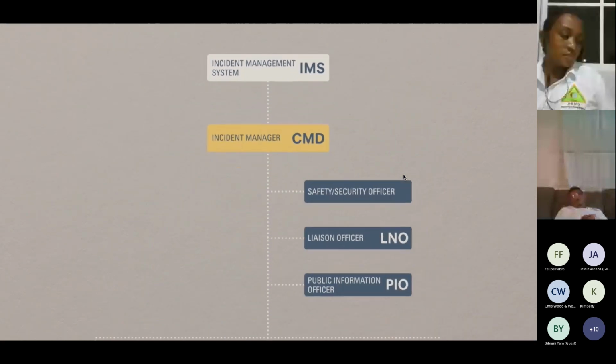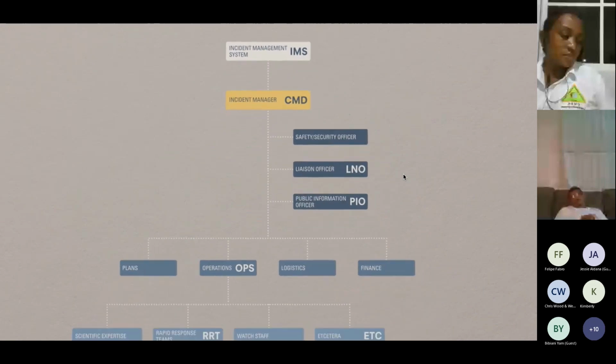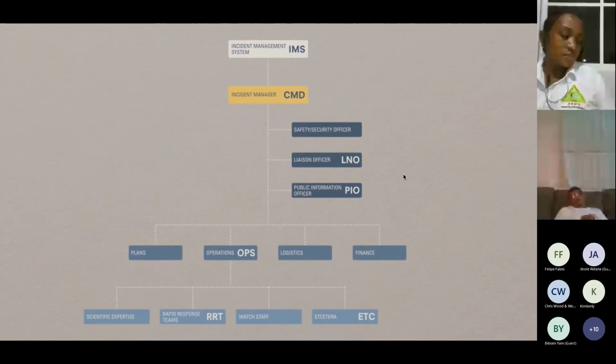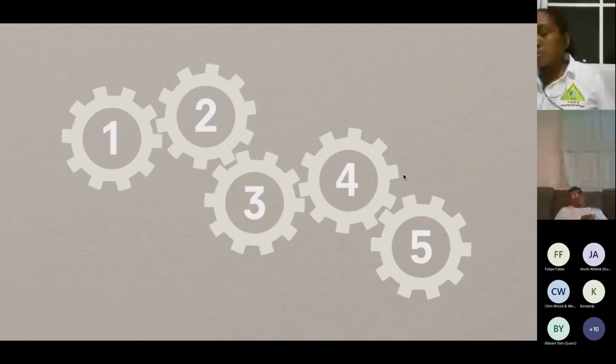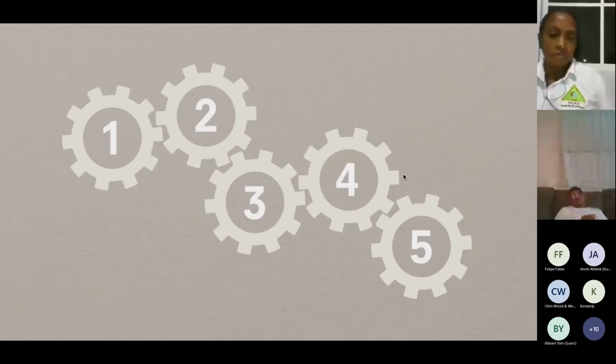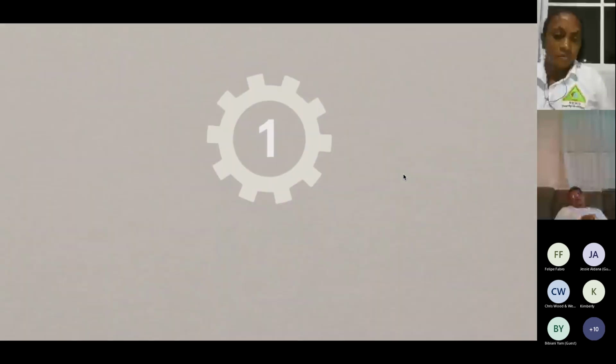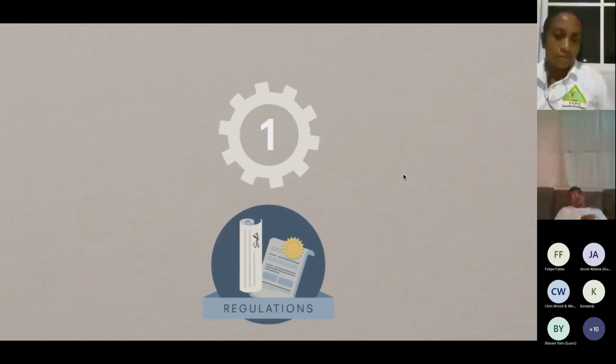Following this structure, you can move quickly from planning to using your EOC, which is the key to being effective in your response. There are 5 basic steps to help get your EOC set up and ready to use. First, ensure that you have the laws and authorities in place to carry out public health emergency activities.